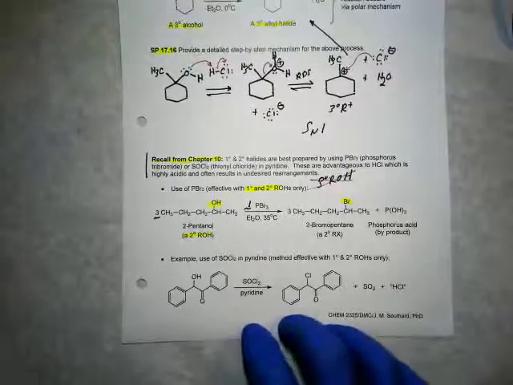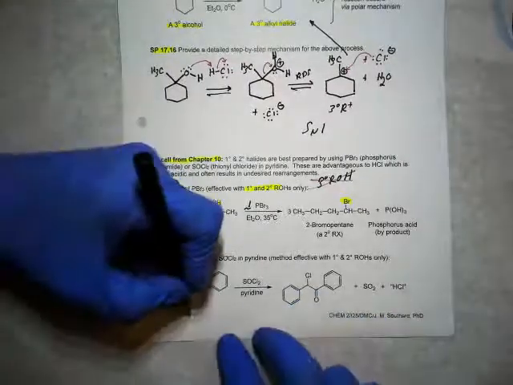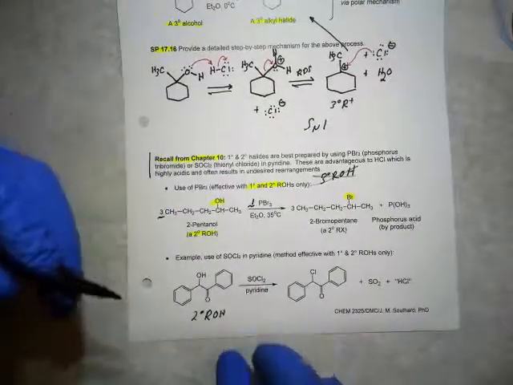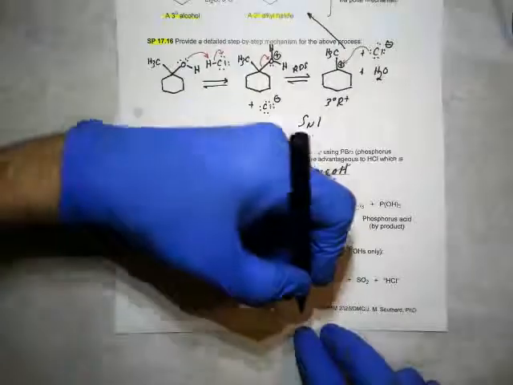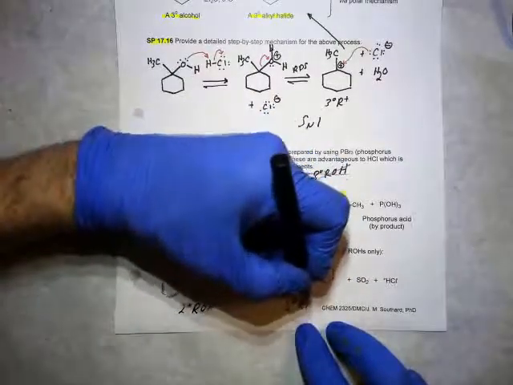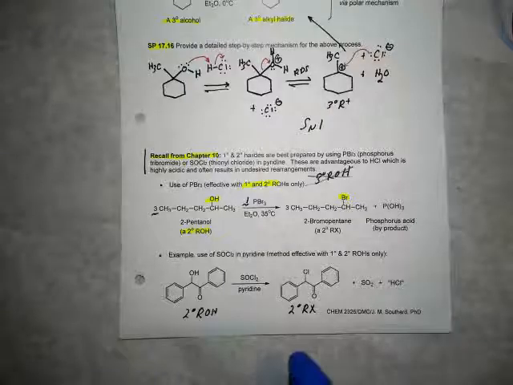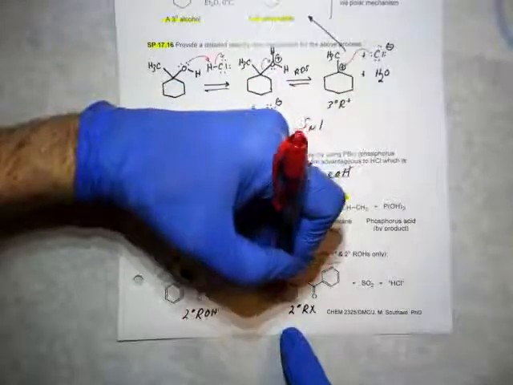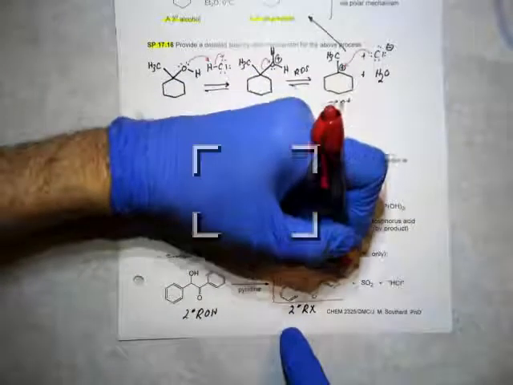But what's happening here? We're going to go from a secondary alcohol, which benzoin is, to a secondary alkyl chloride, RX, by using thionyl chloride and pyridine. So the important thing here was to recognize the transformation, and that is you converted the secondary alcohol to a secondary chloride.